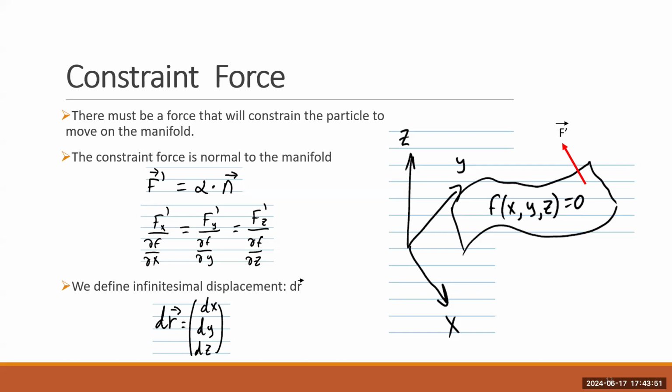So there must be a force that will constrain the particle to move on the manifold. The constraint force is normal to the manifold, because if the particle wants to leave the manifold, there must be a force perpendicular to the manifold that pushes it back into the manifold.